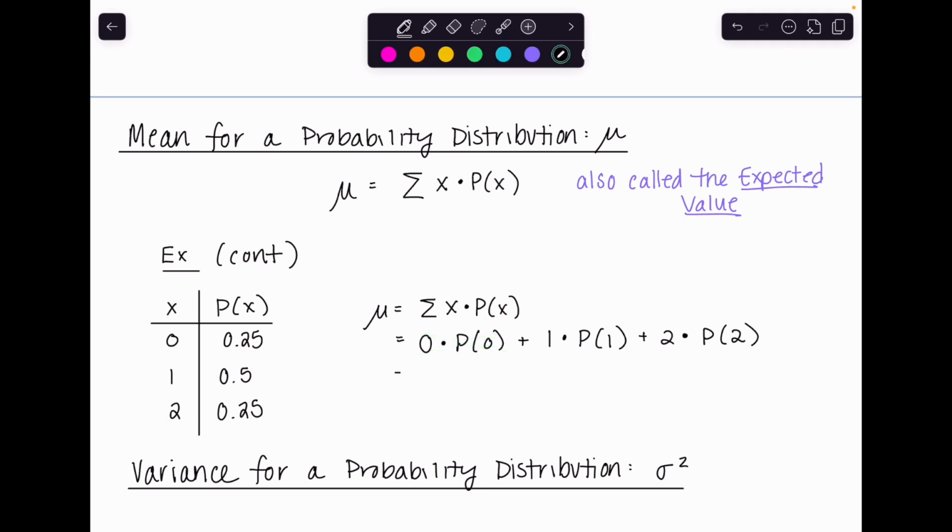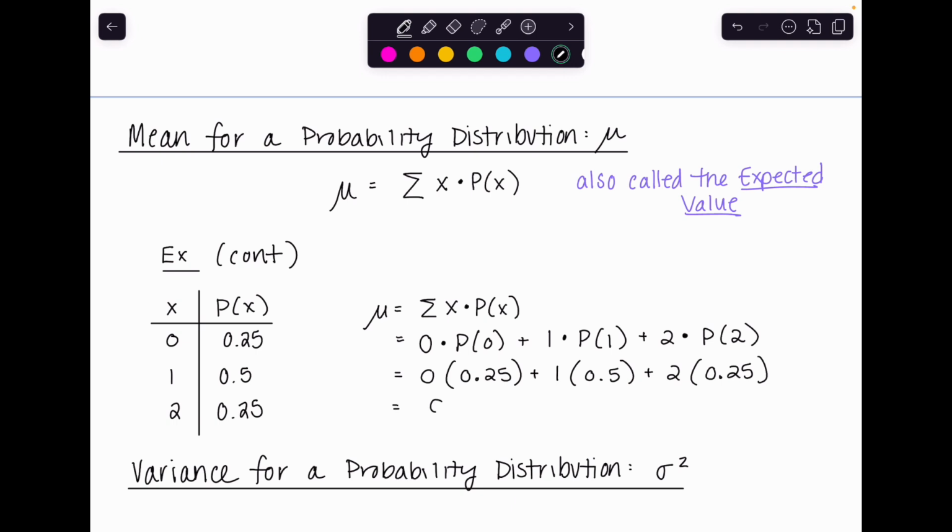But just for good measure, this would be 0 times 25%. Then it's 1 times 0.5. And then 2 times 25% again. I like to switch over to using parentheses instead of using a dot here because I often confuse that with the decimal place. Again, just a personal preference.